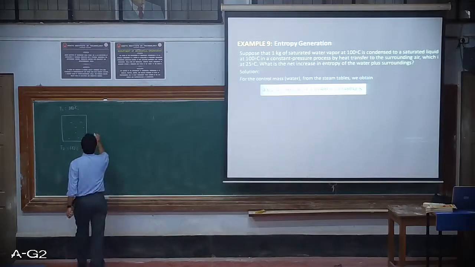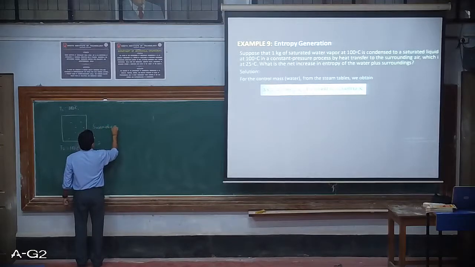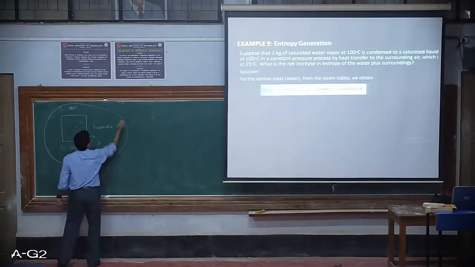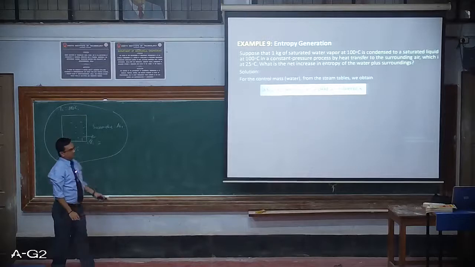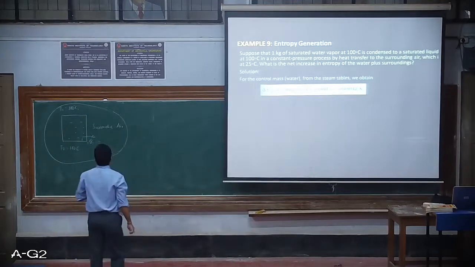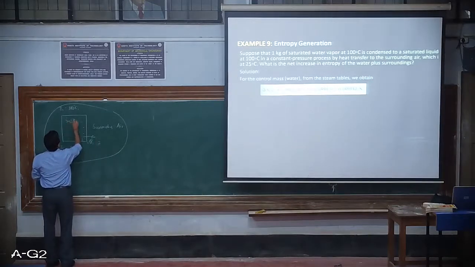So the surrounding is nothing but air. So this consists of an isolated system. So when heat is transferred from here to here, what is the total net entropy generation? So let us first consider the system. So this is the system under consideration.